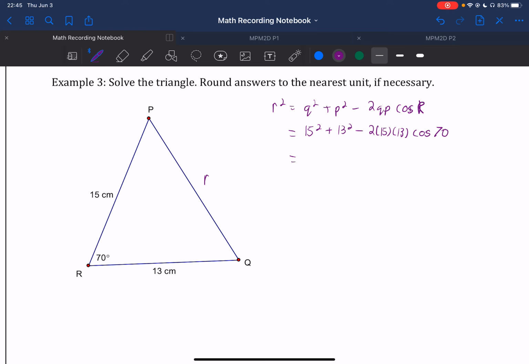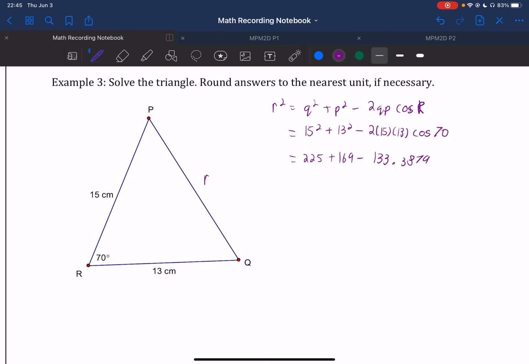So we get 225 plus 169. And when I put this in a calculator, what I got was approximately 133.3879. I kept 4 decimal points just to be as accurate as possible.